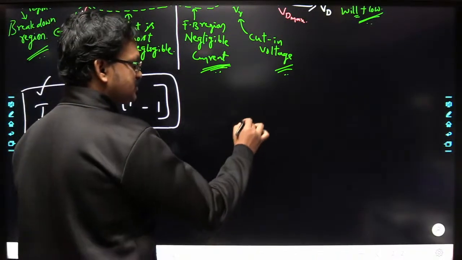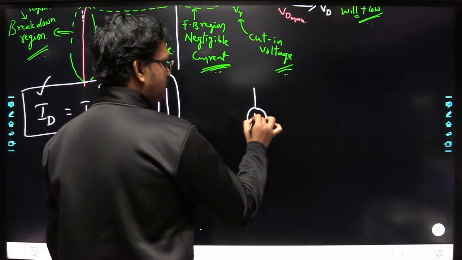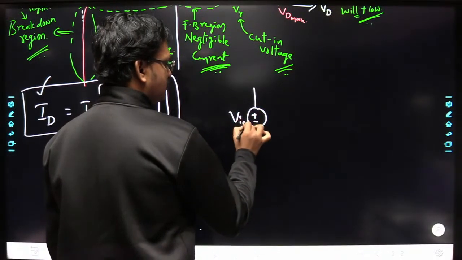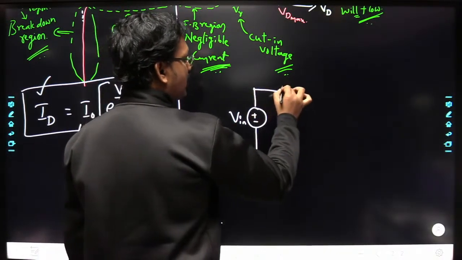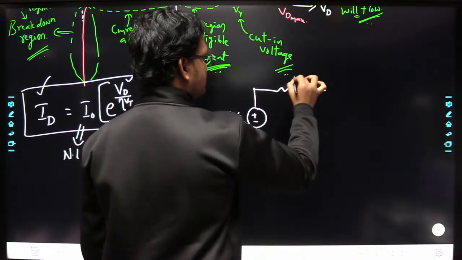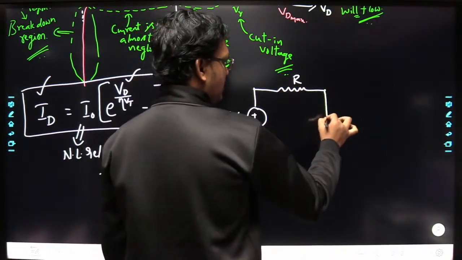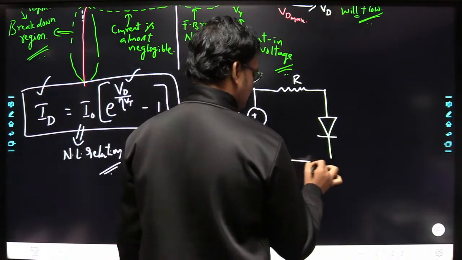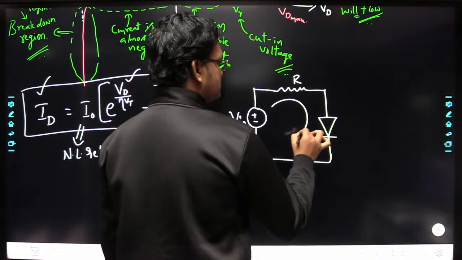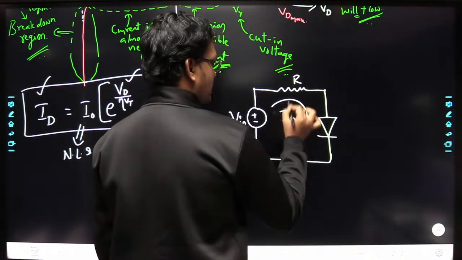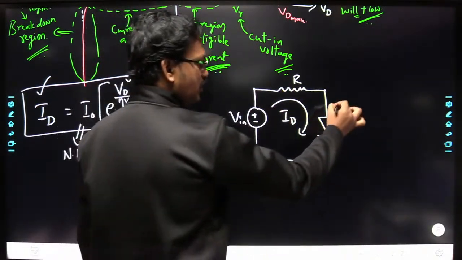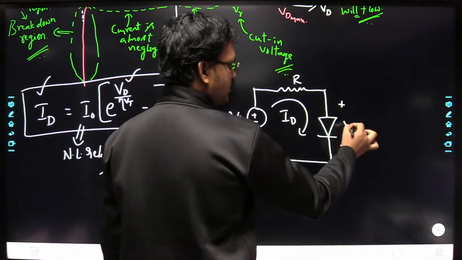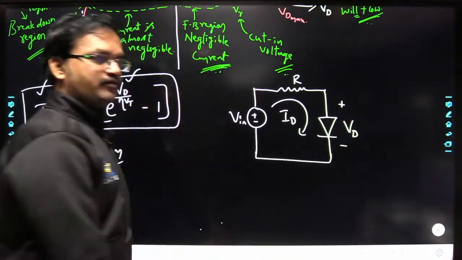Let us consider some V in here, and here you have a resistor, and here I have connected a diode like this. The current flowing in this circuit is ID, and the voltage drop across the diode is VD.